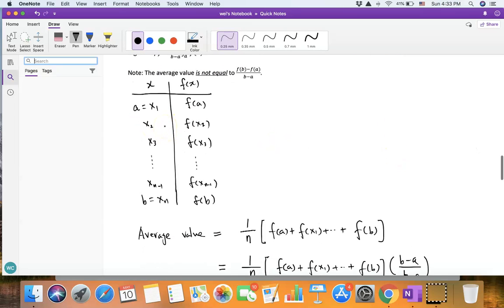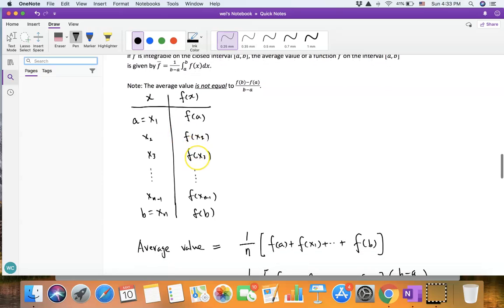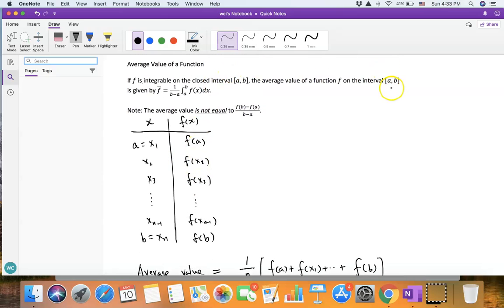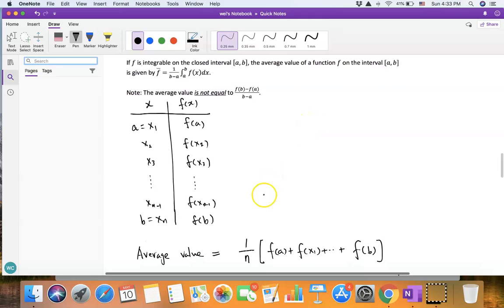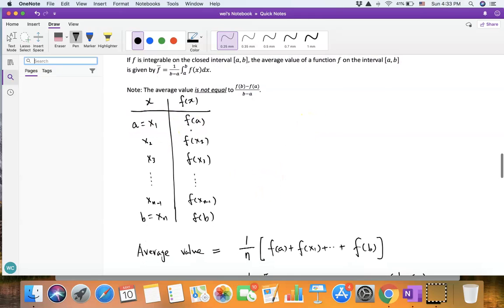So let's say we divide the interval into n even pieces. This a is x1, the next point is x2, and x3, and the last point b is xn.